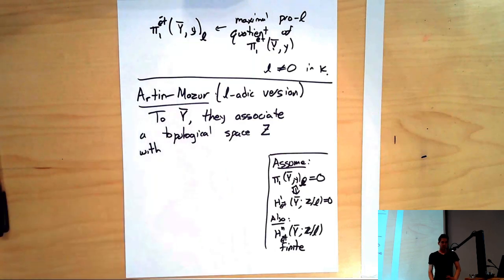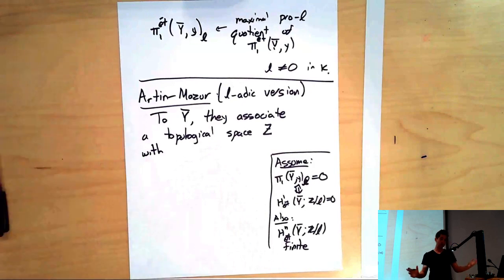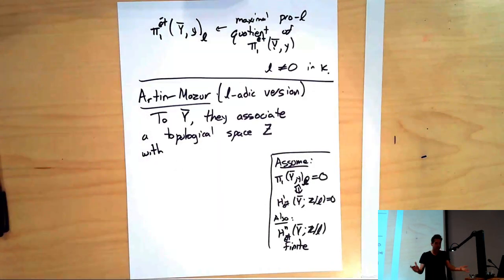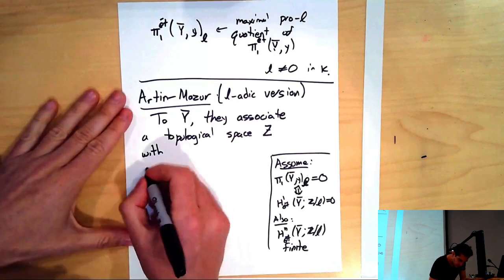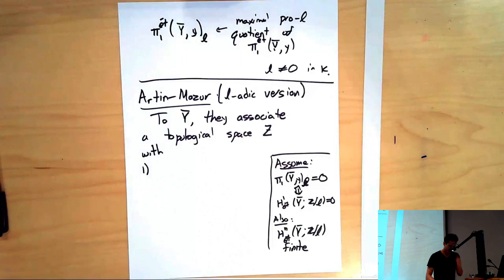Okay. So under these assumptions, what Artin and Mazur produce is something that you can describe pretty concretely, or at least you can think about pretty concretely. You can think that their output is a topological space Z with two features. So first is that Z behaves like it's L-adically complete.